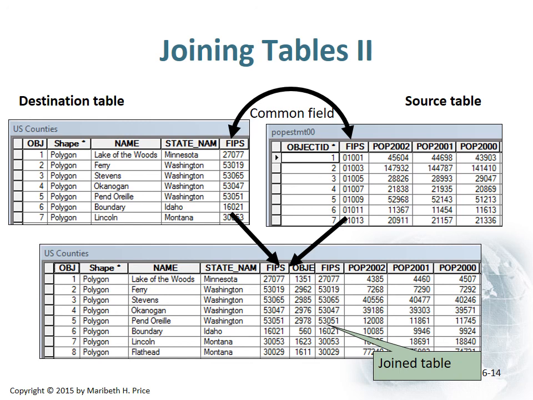In this case, we're looking at the population of each county in 3 years: 2002, 2001, 2000. And the joined table just does that. It brings it in, and then we've got that information for each county in the U.S. linked together by the common FIPS codes.